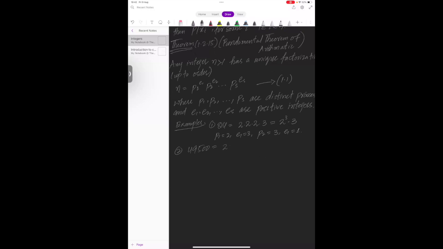You can write 2 times 2 times 3 times 3 times 5 times 5 times 5, which is 2 power 2, 3 power 2, 5 power 3. So p1 is 2, e1 is 2, p2 is 3, e2 is 2, p3 is 5, e3 is 3. This is an example of the above theorem.